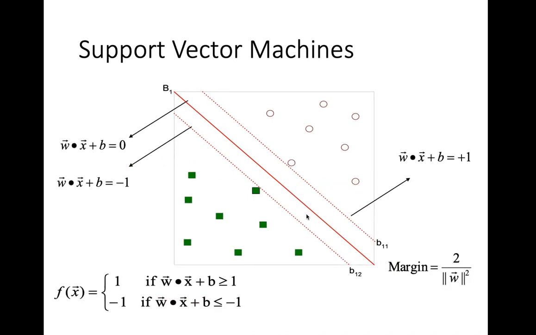This is how these distances are seen, and the classification is said to be +1 if it is on one side of the decision boundary, which is given by the weight vector times the x value, plus a bias which is called b.